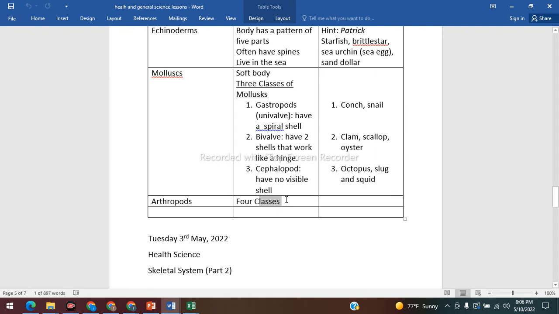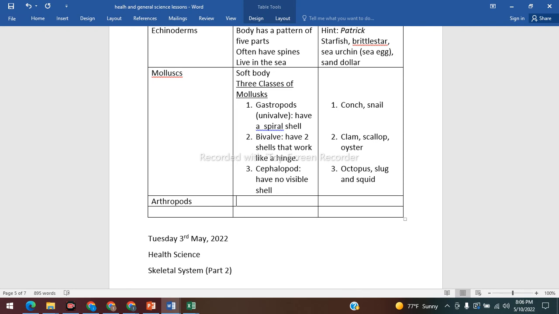So arthropods in general is a subdivision of the invertebrates. That's a phylum of the invertebrates. That's the last one of the phyla that we'll be looking at for the invertebrates. Now we are going to talk about the arthropods in general, and then we're gonna list off the different classes.